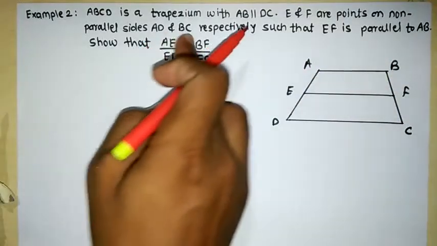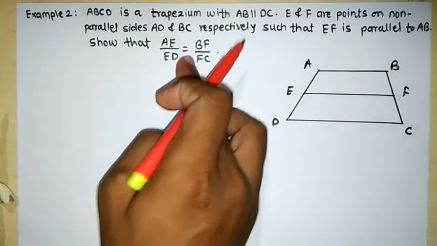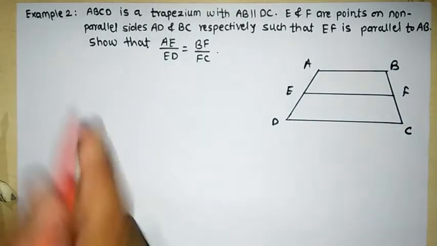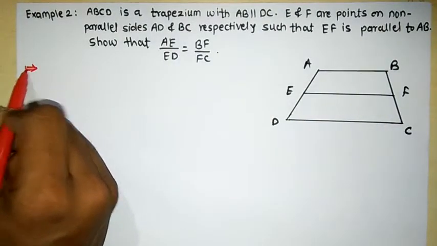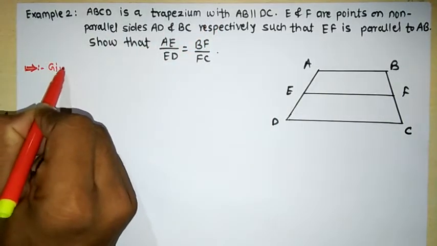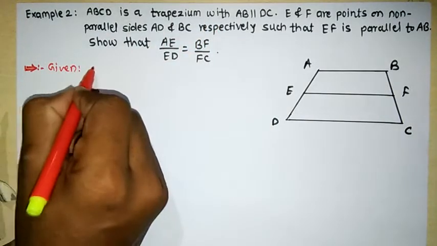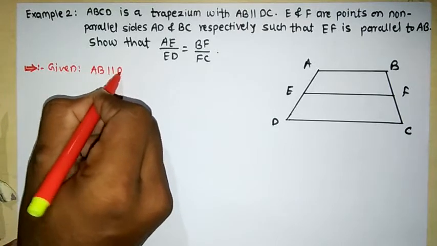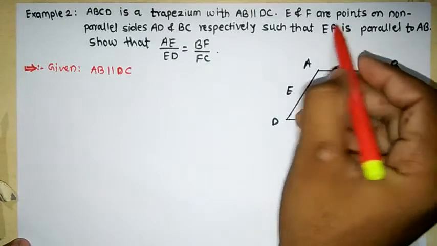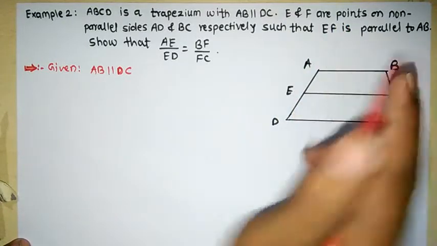Show that AE divided by ED is equal to BF divided by FC. We have to show here. See here, what is given here? Given AB is parallel to DC, and one more is given: EF is parallel to AB.